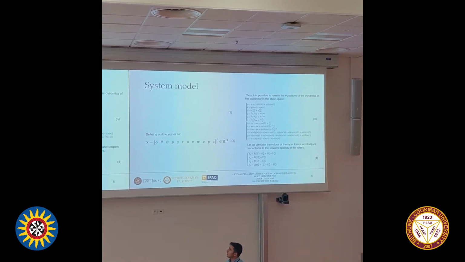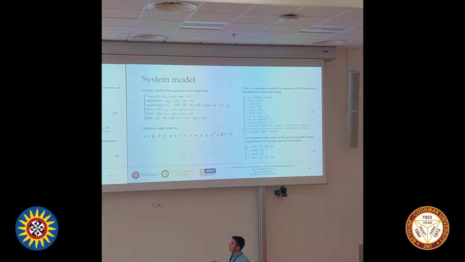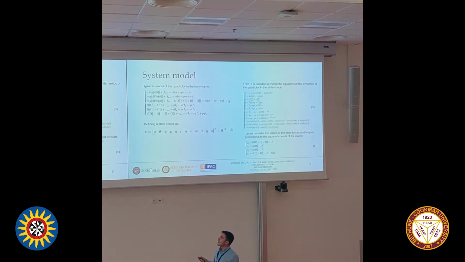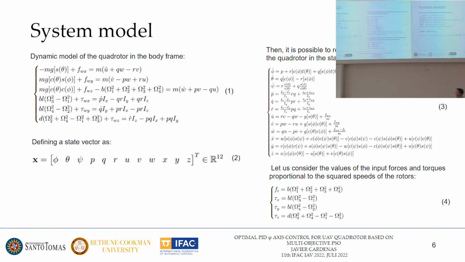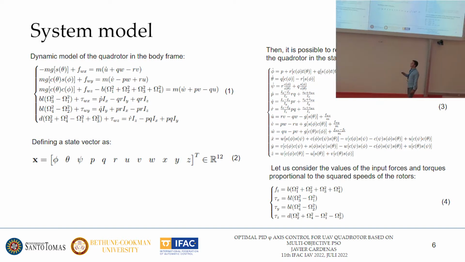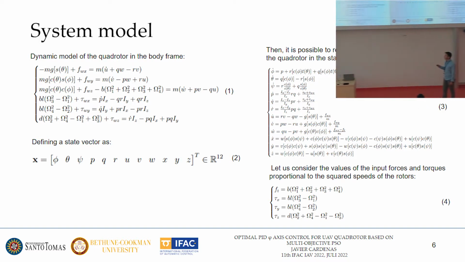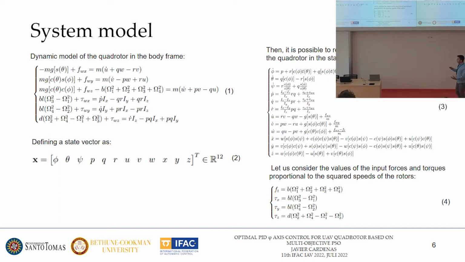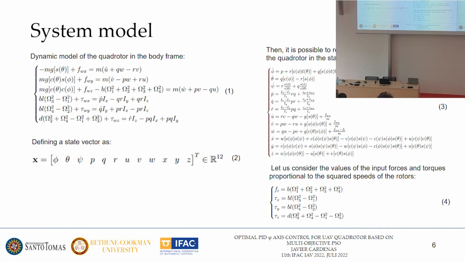For example, think about this model. Here we can see the equations based on physical laws, the summation of forces, and based on that we define a state vector that is mostly the position in the world and the rotation of the body and their different derivative states, velocities.